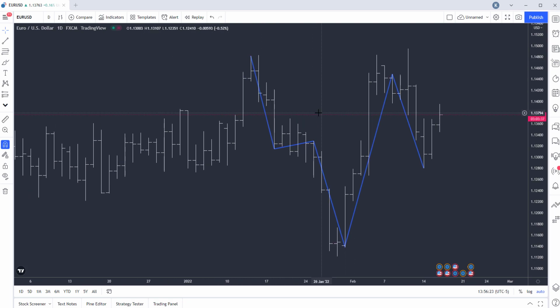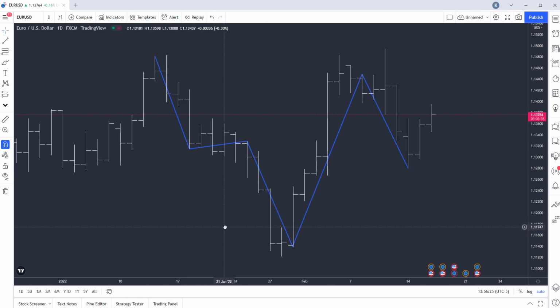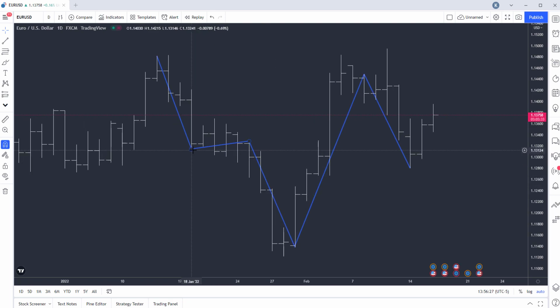And one more thing that I want to discuss here: not every turn is going to be a fantastic high. As you can see here, this was the high, which was not that much higher than the previous low.